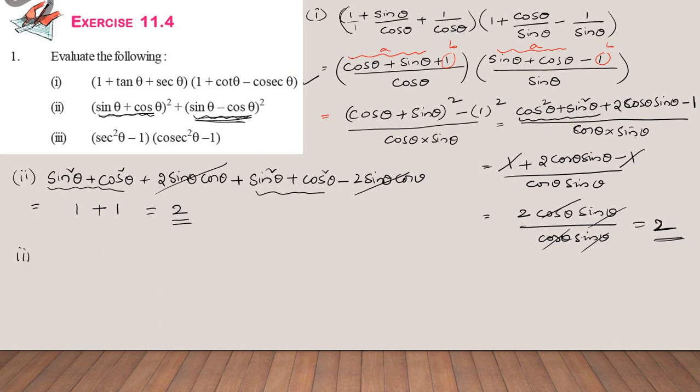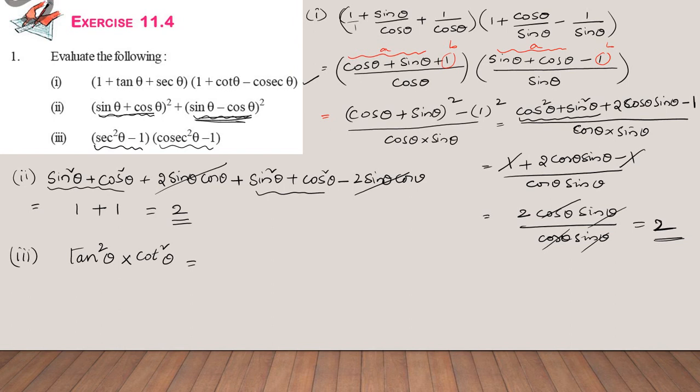Next, moving on to question number 3. What is the value of secant square theta minus 1 into cosecant square theta minus 1? It is nothing but one of the forms of identity, right? Secant square theta minus 1 can be written as tan square theta, and cosecant square theta minus 1 can be written as cot square theta. These two are nothing but forms of the identities.